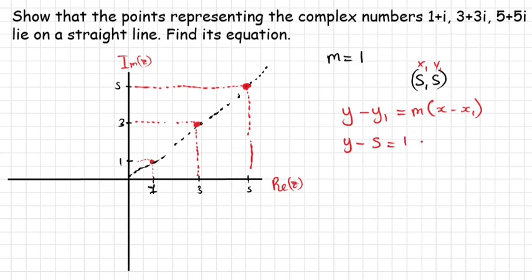Our gradient is 1. Our x1 is also 5. So this means that y minus 5 is equal to x minus 5. So y is equal to x minus 5 plus 5. So y is equal to x. So this is the equation of the line.